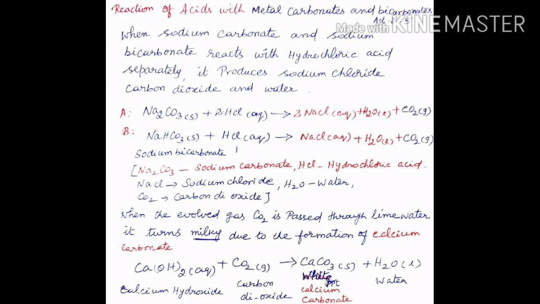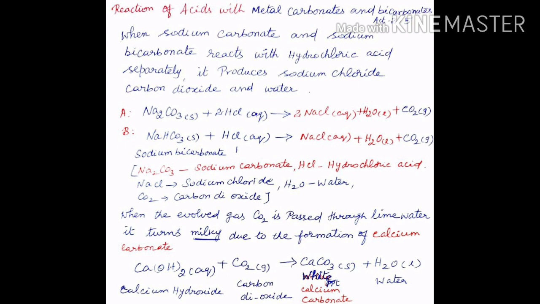In test tube B, when we add sodium bicarbonate, the same salt, water and CO2 are produced. NaHCO3 plus HCl gives NaCl plus H2O plus CO2. Whenever you are writing the equation, you must indicate the physical state.